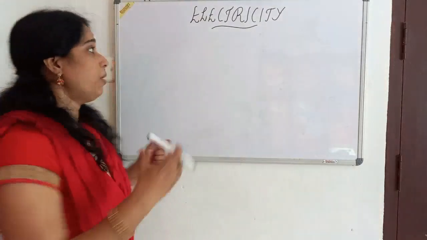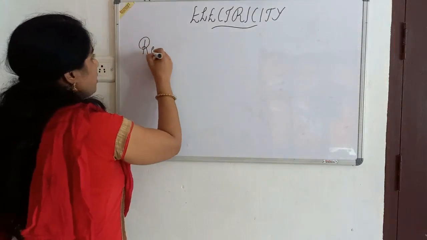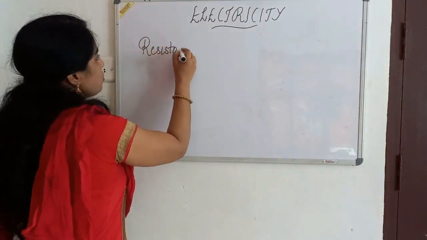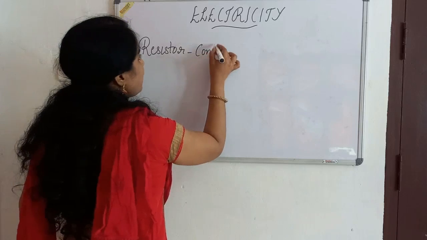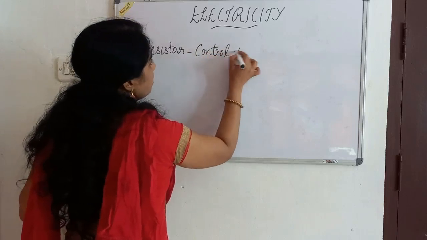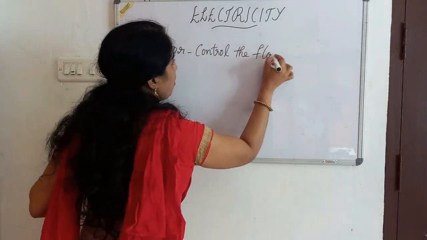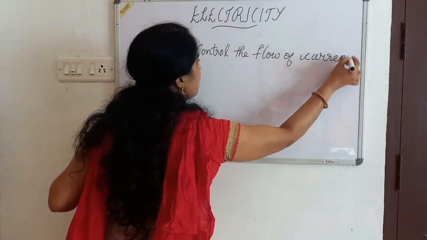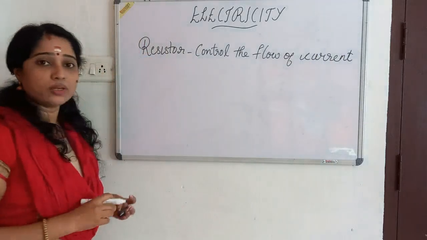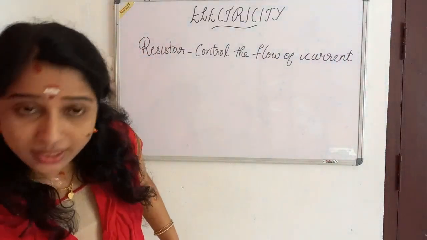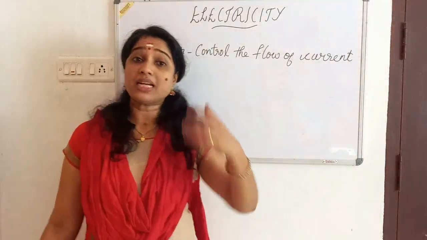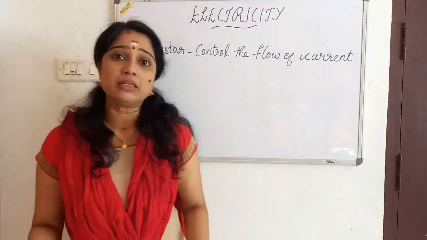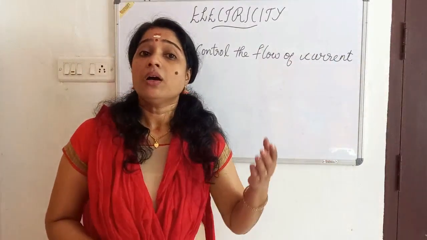That's a very, very important thing. What is the function of the resistor? Control the flow of the electric current. Control the flow of current. That is the main function of the resistor.